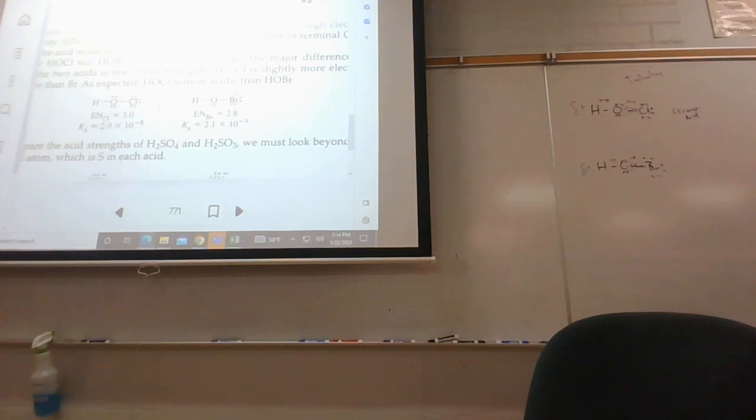Or is that right? No, that's not right. This is the stronger base, therefore HOCl should be the weaker acid, because that's less stable. This is the weaker base, more stable, therefore HOBr should be the stronger acid.